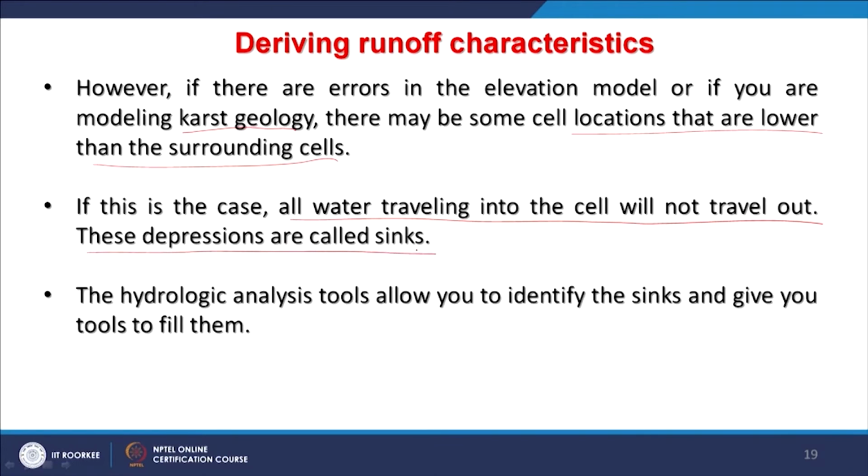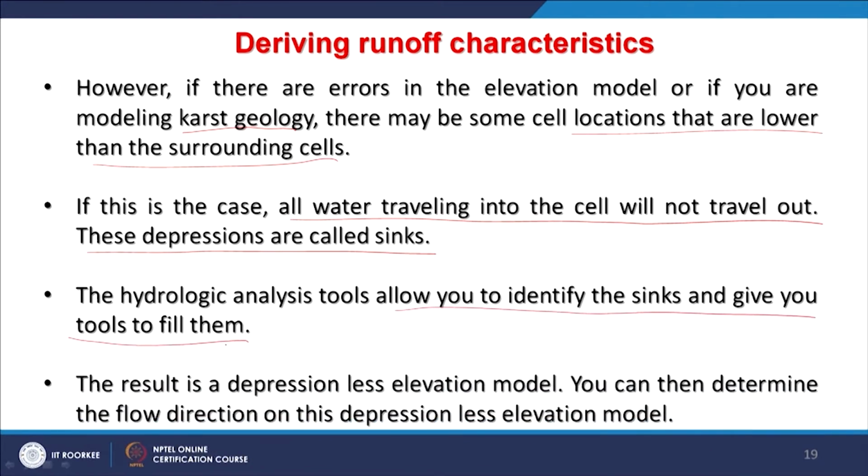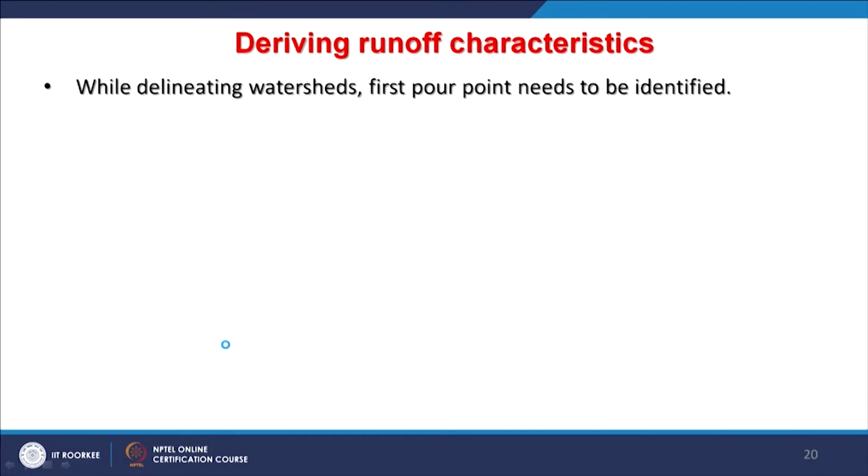So, the surface hydrologic modeling tools available in most of the popular GIS software allow you to identify sinks and give you tools to fill them. I have shown the example also. And ultimately you will have a depressionless elevation for further processing.